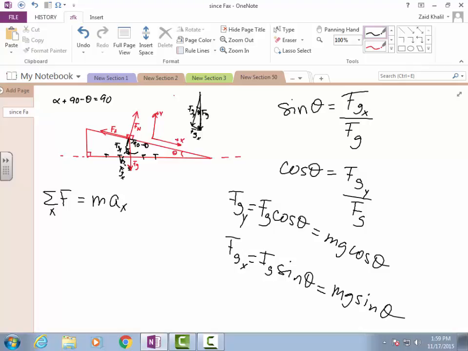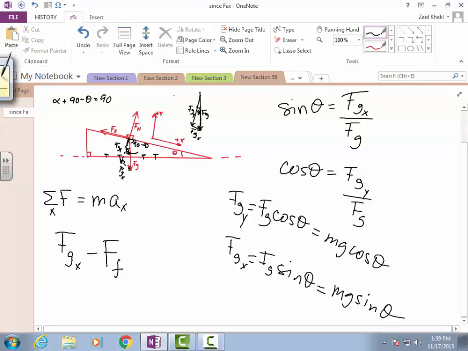Let's write it in terms of the actual components first, and then we'll talk about the values. FGX minus FF equals max. And similarly, we have Fn minus FGY equals may.